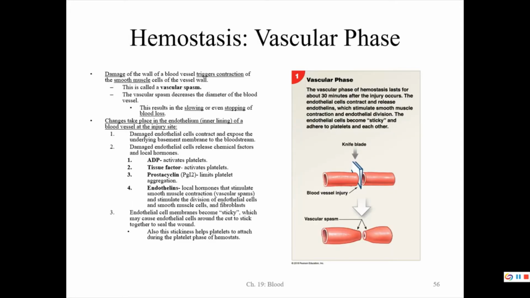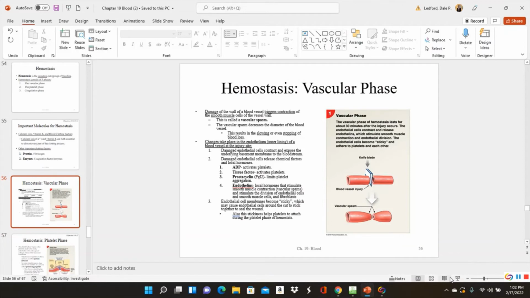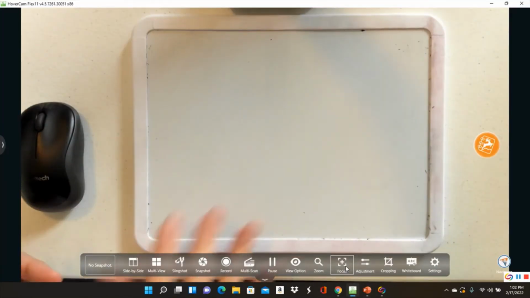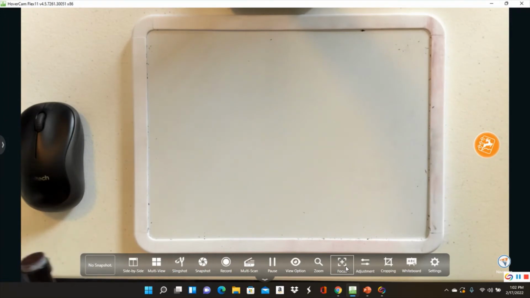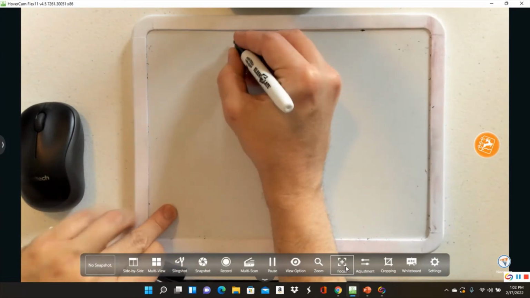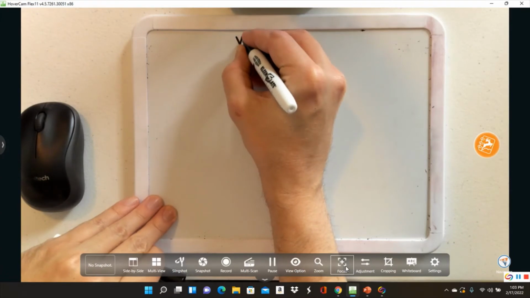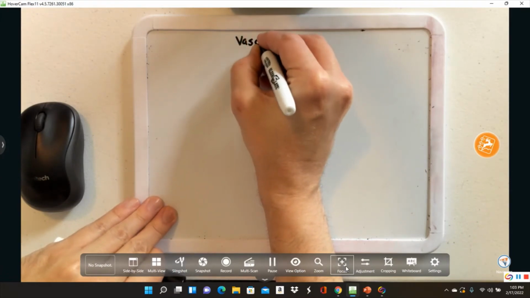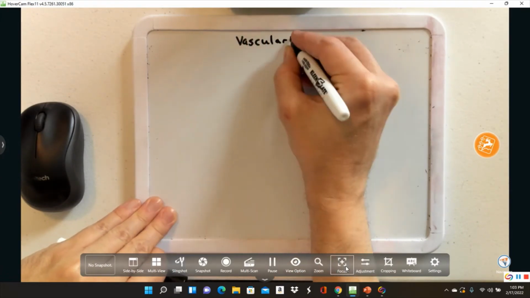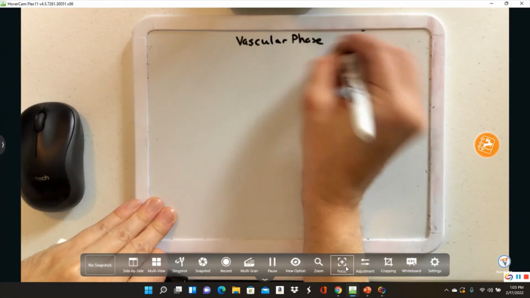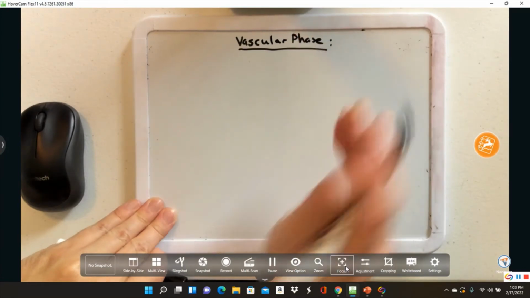All right, so let's get started. Now, first thing I want to talk about is a little bit about blood vessels, and let's talk about the vascular phase of hemostasis.